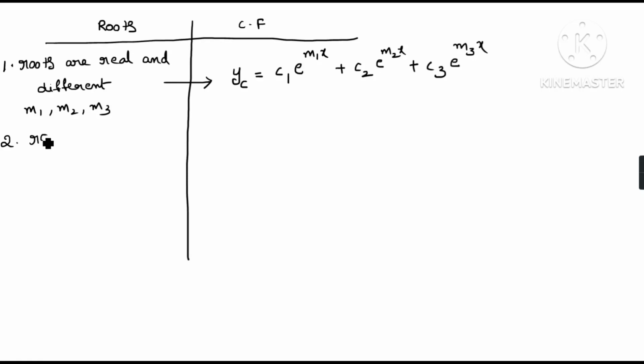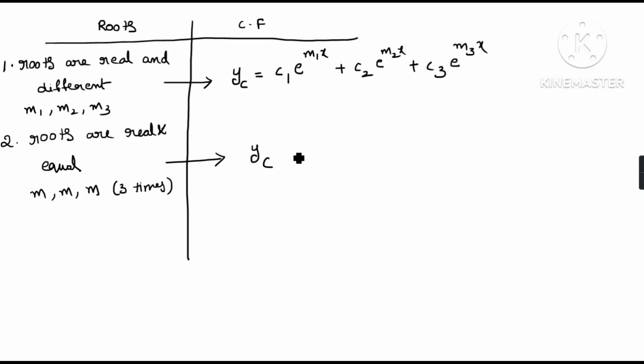Okay, now the second one. If the roots are real and equal, that may be m, m, m. M is repeating three times. So how to write the complementary function if the roots are real and equal? Yc equals, so total how many roots do I have?